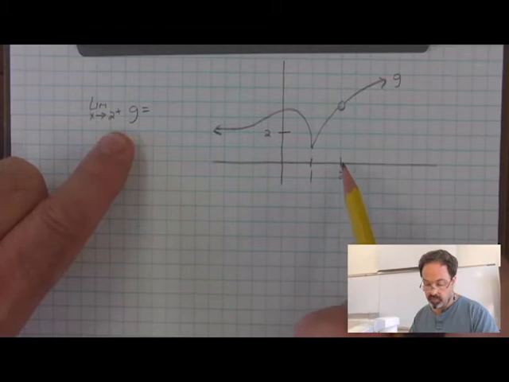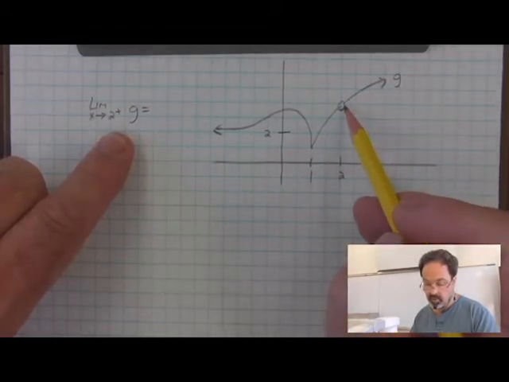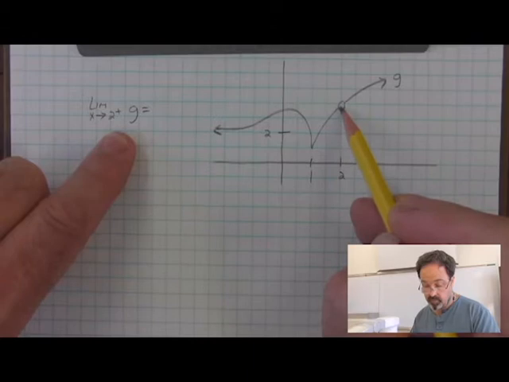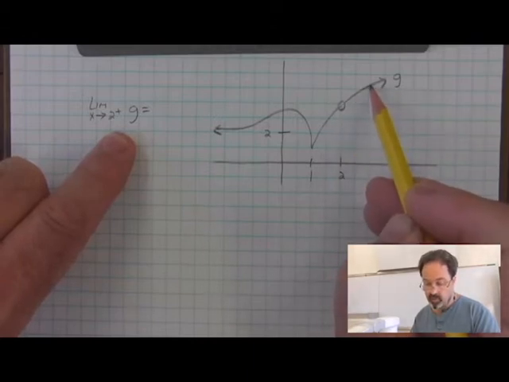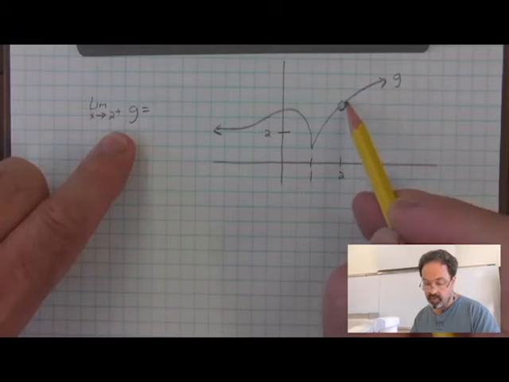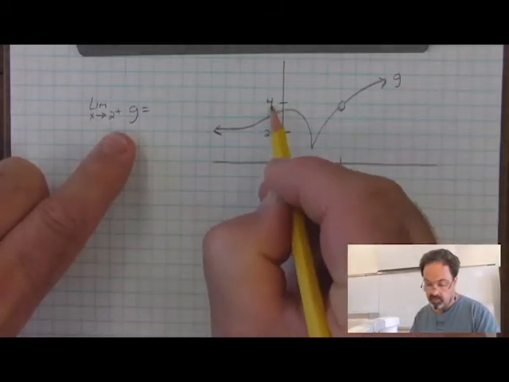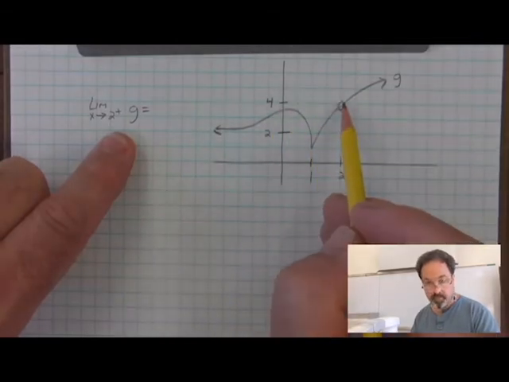So we are approaching 2 in the domain. We could imagine that we are coming from the right, but our motion is left if we're approaching 2 from the right. And we think as we come from the right that we will get to a value, maybe of 4.